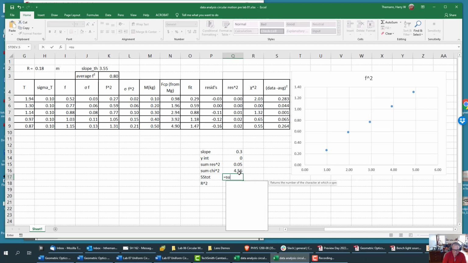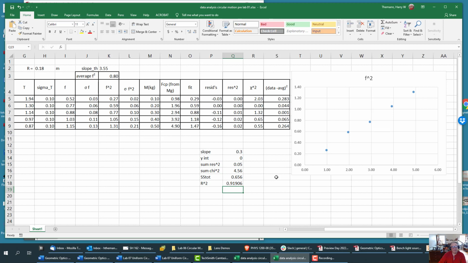Equals sum of this mess. And our r squared is equal to 1 minus the sum of the residual squared divided by the sum of SS total squared. And bingo. And well, that's pretty respectable already.